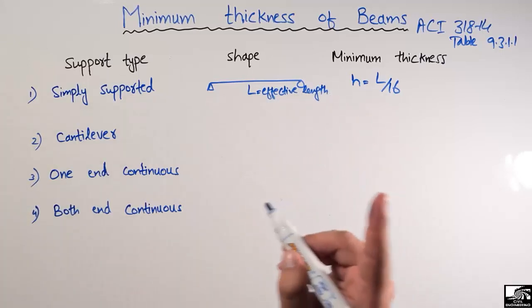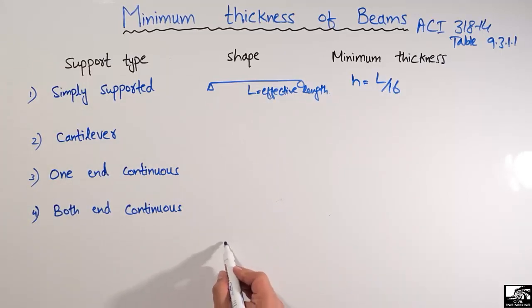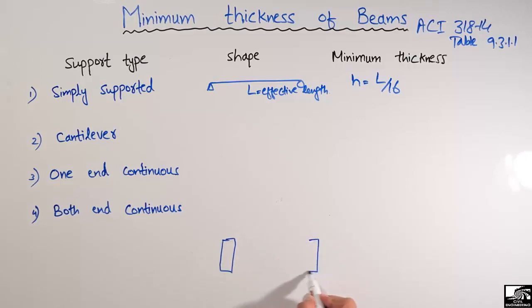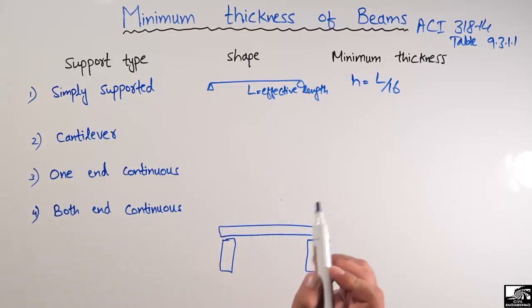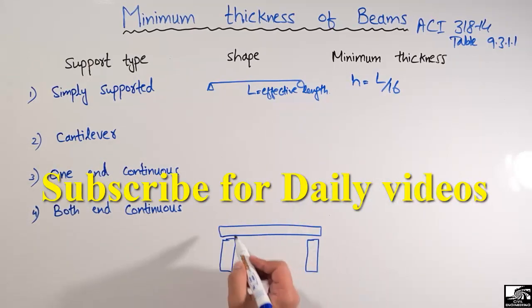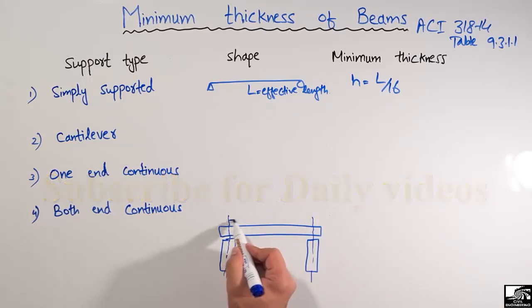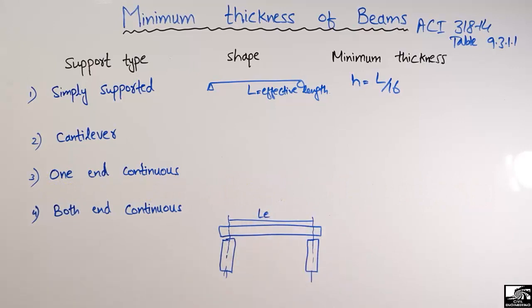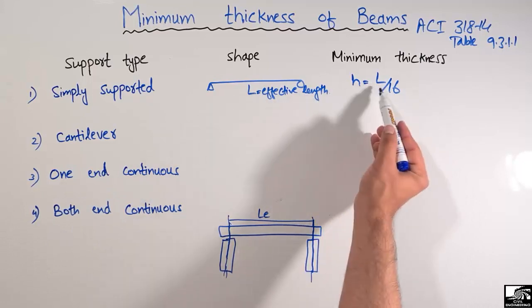There is a difference between the effective length and the clear length. Let's consider this is the column, and this is the beam on the top of the column. The effective length is the length between the centers of the columns. So this length is known as the effective length because it is the distance between the center of one column and the center of the other.